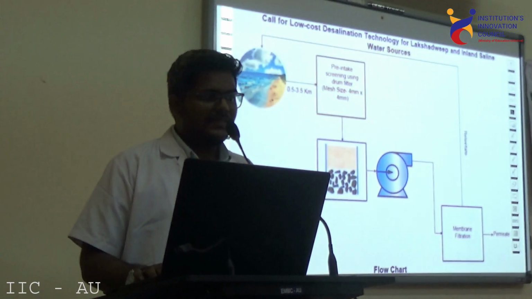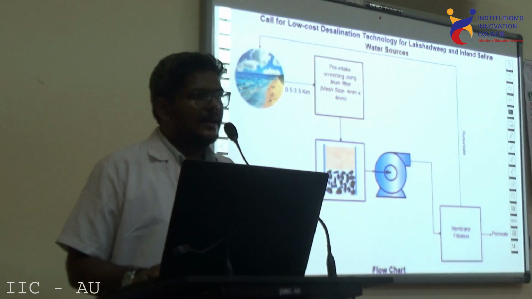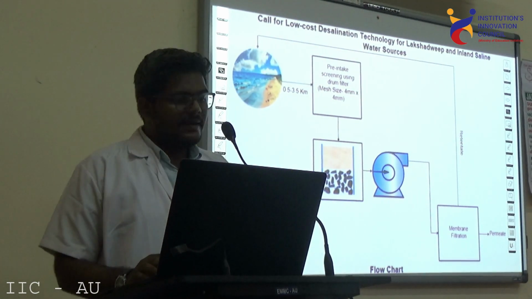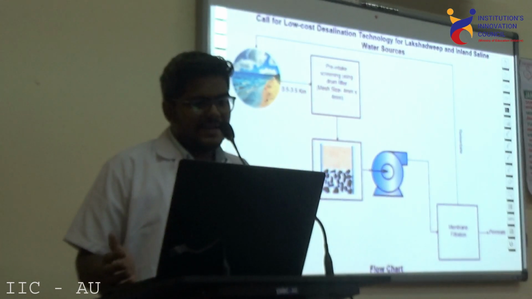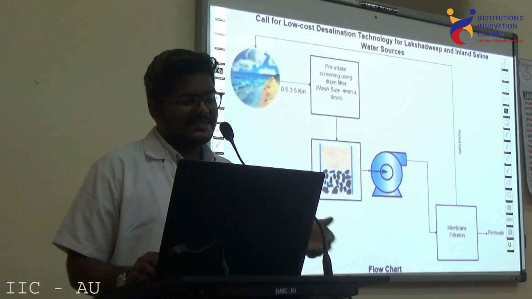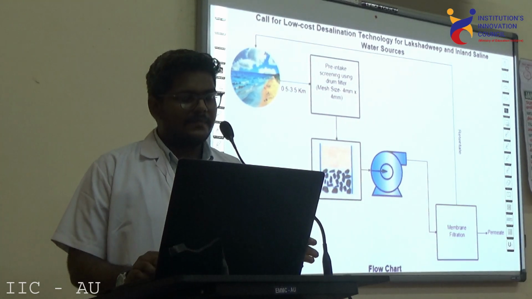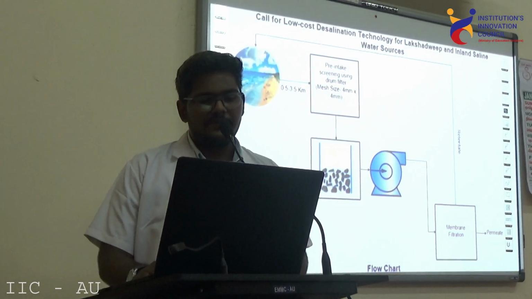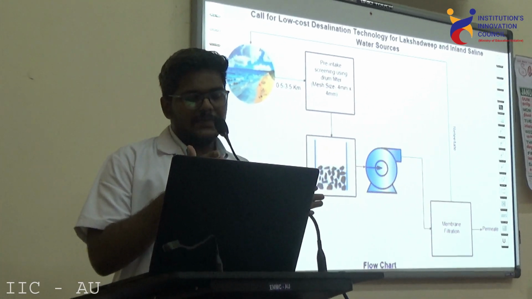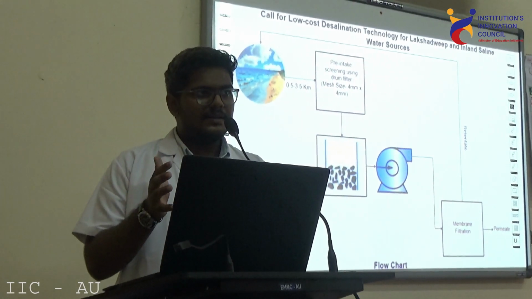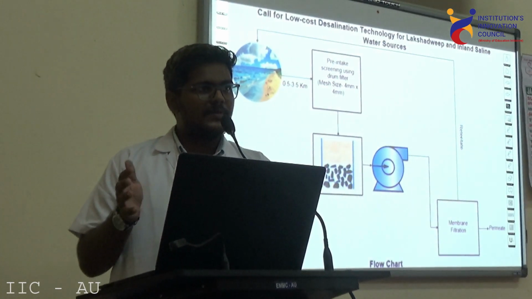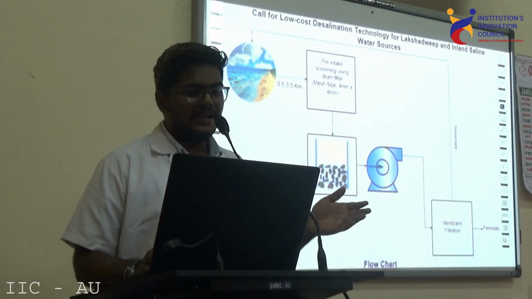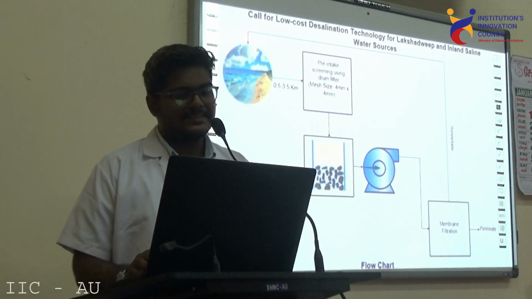And this is the flow chart of our project. At the right side corner, you can see the seashore. From the seashore, our plant will be located at a minimum distance of 0.5 to 3.5 kilometers. I will tell you why we kept it at that distance.